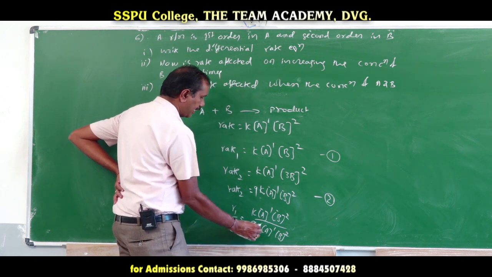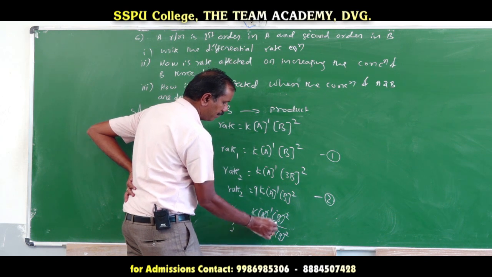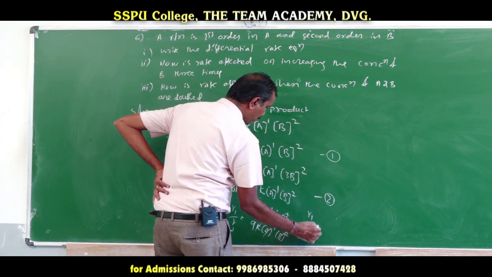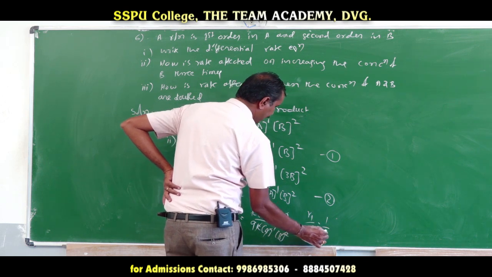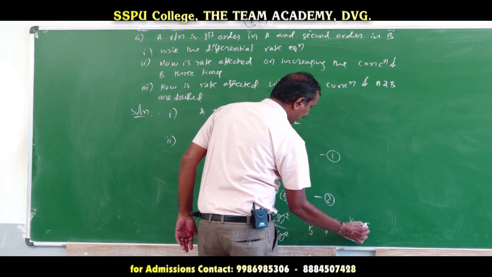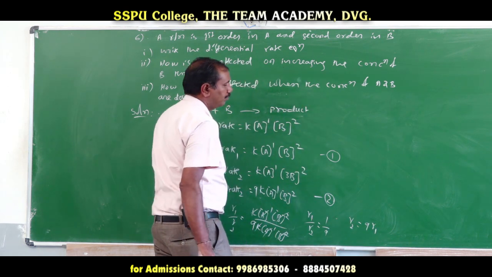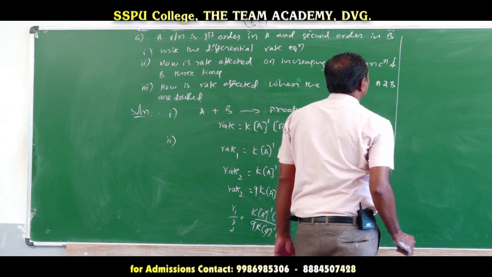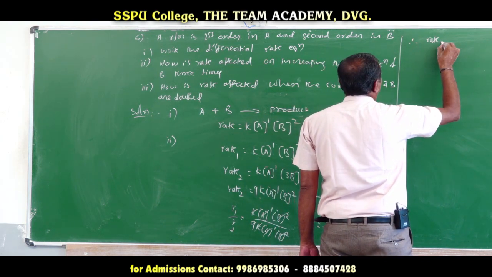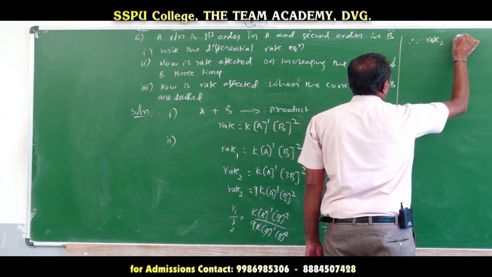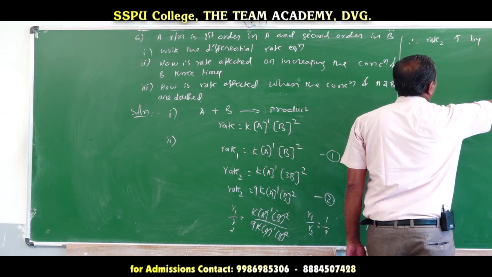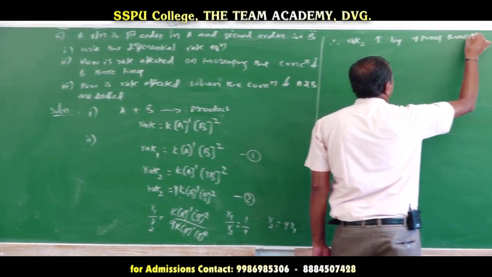You see, K and K cancel, A and A cancel, B and B cancel. R1 by R2 equals 1 by 9. Therefore, R2 equals 9 into R1. Therefore, rate 2 increases by 9 times than rate 1.